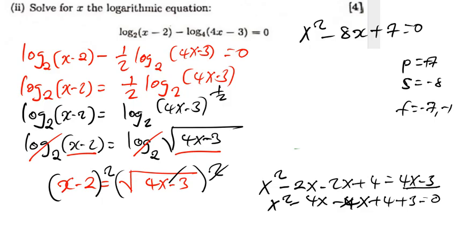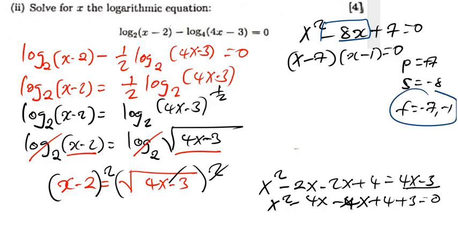So x minus 7, x minus 1 is equal to 0. What I've done here, you know that method of using the quadratic equation where you start replacing the middle term with these factors. In this case, I just do it directly. It's basically the same as what I've done.